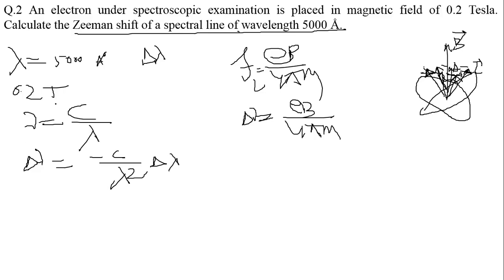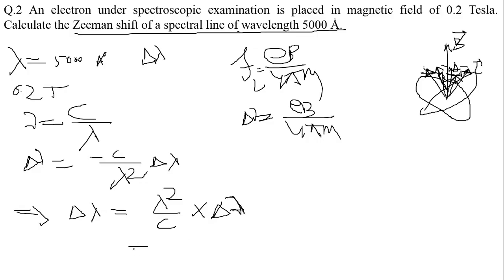If we neglect the negative sign in the calculation, what will we get? Delta lambda will be lambda square by c into delta nu, that is, the change in frequency.